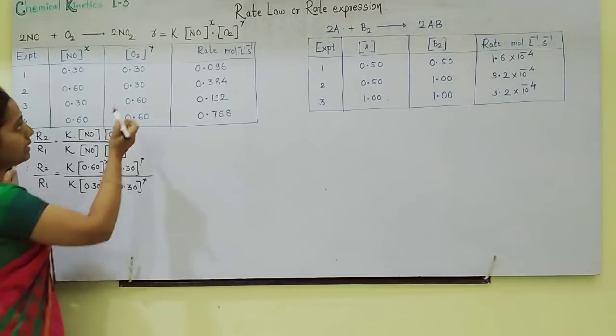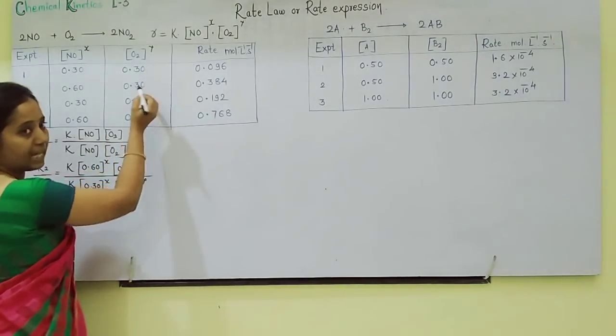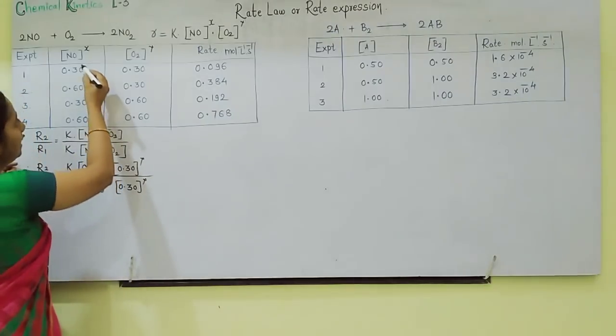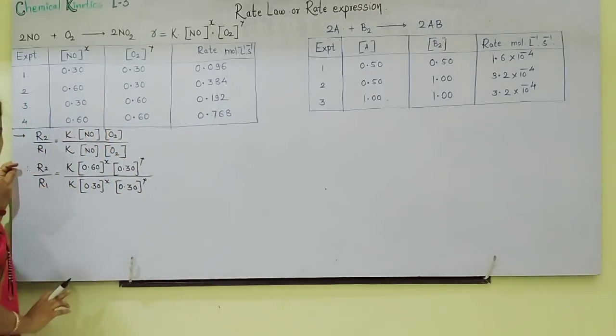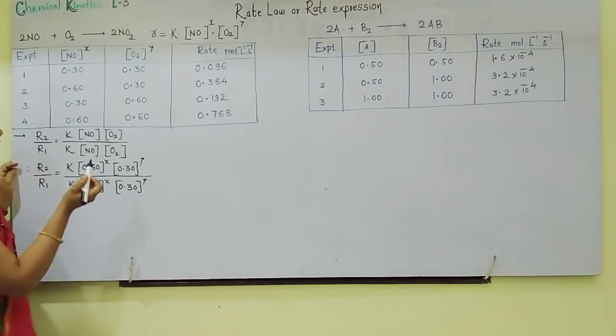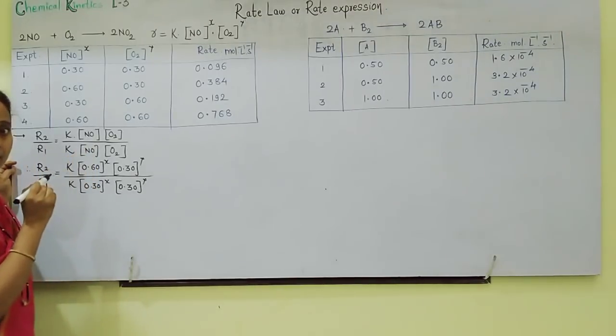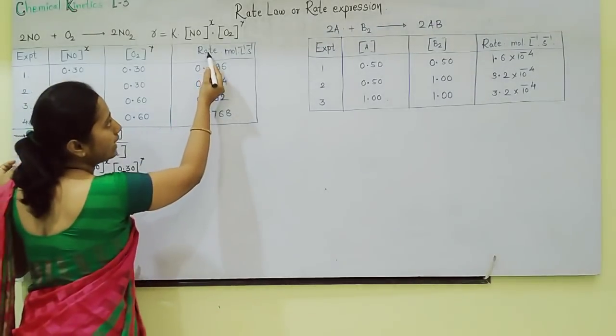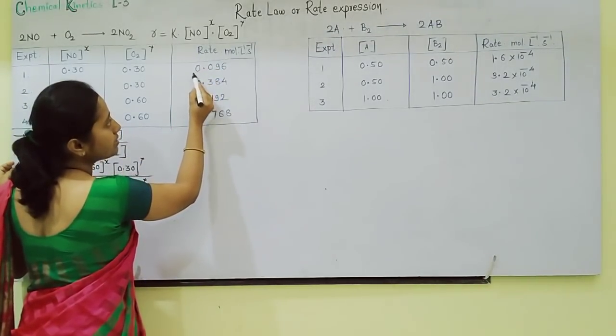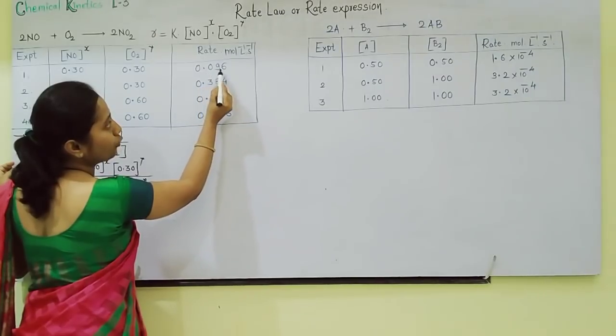During these two experiments, the concentration of one of the reactants is kept constant, another has been changed. So we are comparing rate 2 and rate 1. Then look once at the values of rate 1 and rate 2. Here the rates are written. The rate of the first experiment is 0.096.